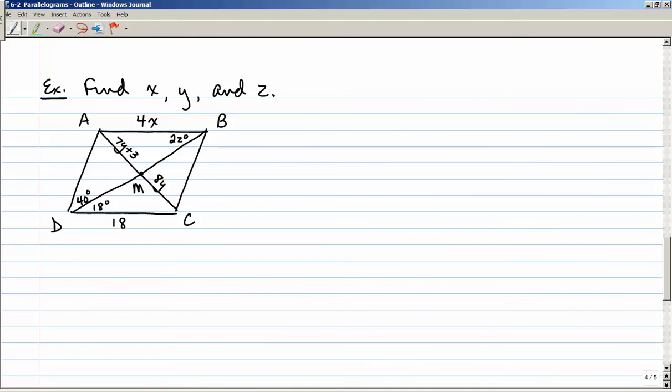Here we have parallelogram ABCD, and we need to find the values of x, y, and z. Well, first of all, I notice that AB is 4x, and I know that AB is congruent to DC because opposite sides of a parallelogram are congruent. So 4x equals 18. x is equal to 18 over 4, which reduces to 4.5.